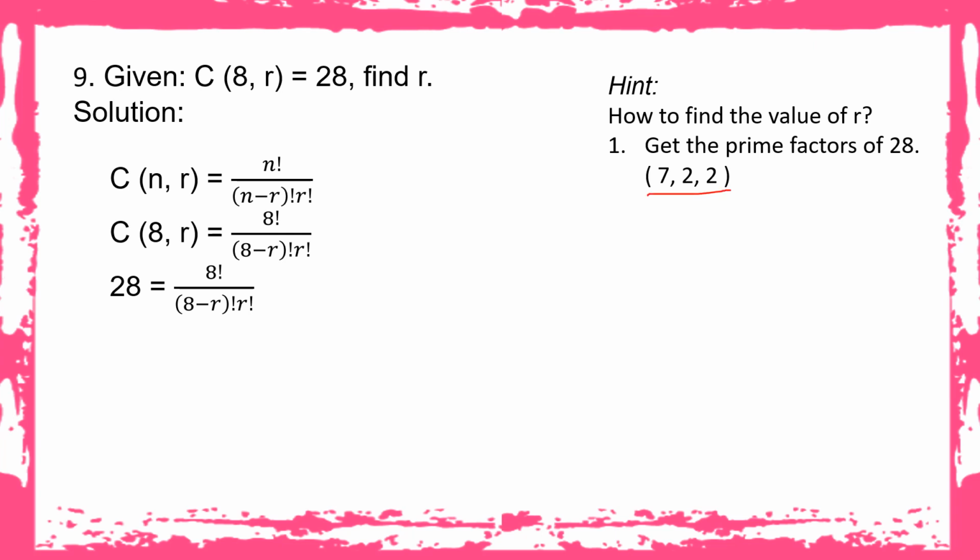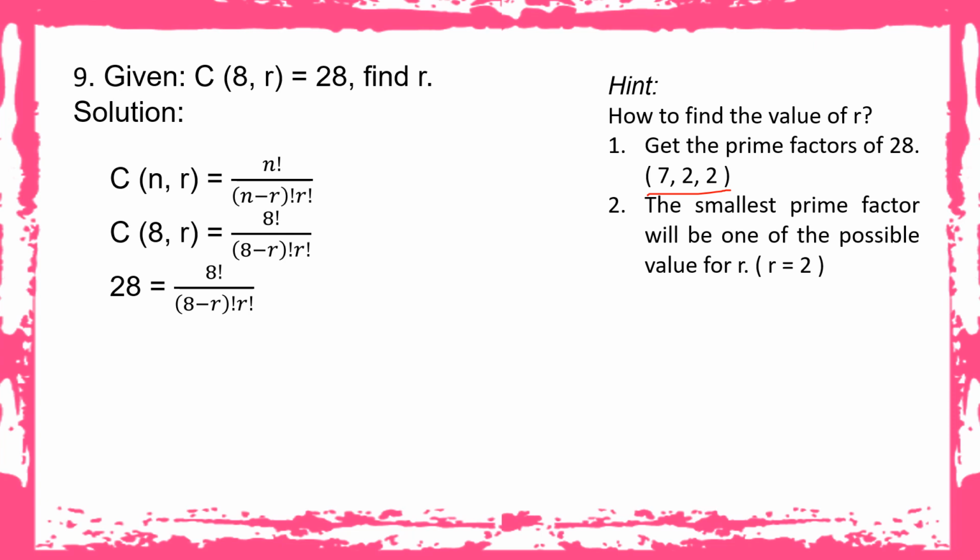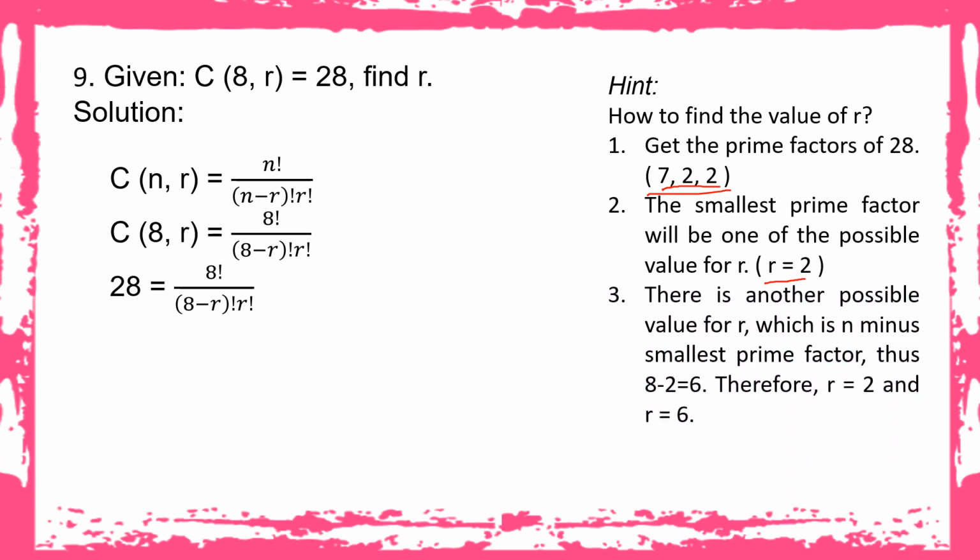These are the prime factors of 28. And the smallest prime factor will be one of the possible values of r. So, from 7, 2, and 2, the smallest is 2. So, r is equal to 2. So, we can now have one possible value for r, which is 2.